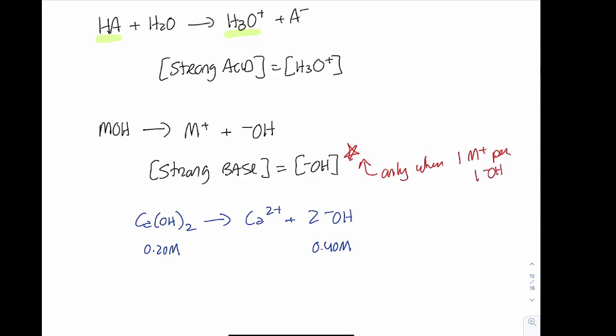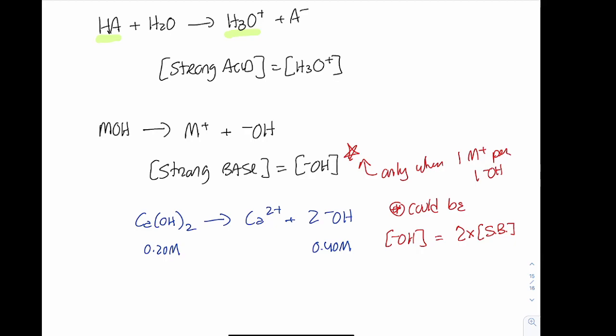When that's not the case, you then need to double it. My hydroxide ion concentration equals 2 times my strong base concentration. I'm just going to use SB for strong base here. Is that making sense? Just pay attention.